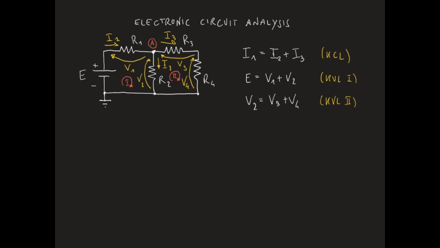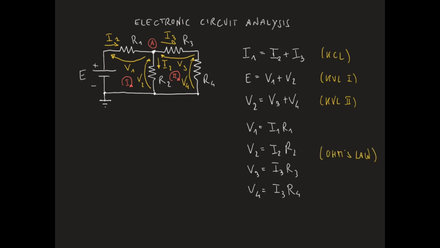In particular, we can write that V1 is equal to I1 R1, V2 is equal to I2 R2, V3 is equal to I3 R3, and V4 is equal to I3 again, because R3 and R4 are in series, times R4.